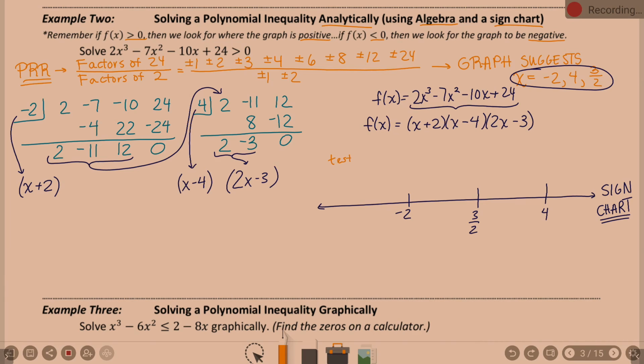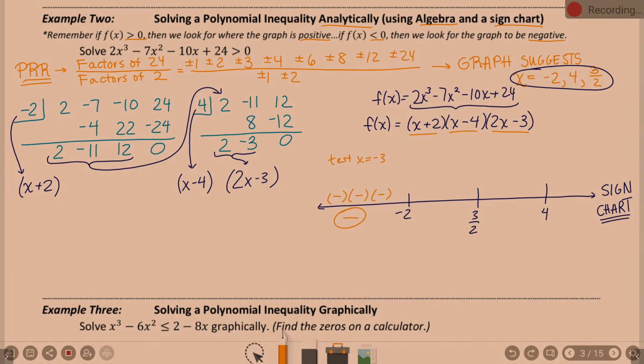If I test -3, so what do you know about -3 plus 2? It's negative. What do you know about -3 minus 4? It's negative. 2 times -3 minus 3. It's a negative, yes? What is a negative times a negative times a negative? It is a negative. So I know this whole section here is a negative.